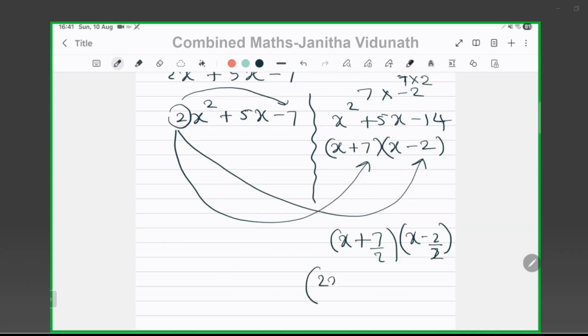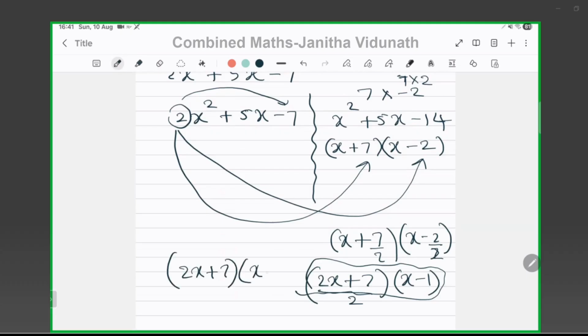Then we get 2x plus 7 over 2 and x minus 1. Then we get two factors as 2x plus 7 and x minus 1. Okay, this answer we get with our first method.